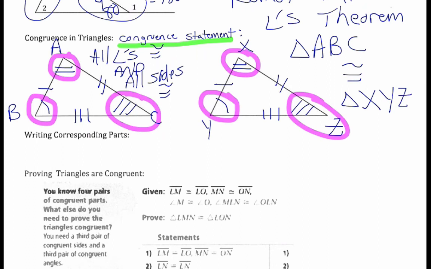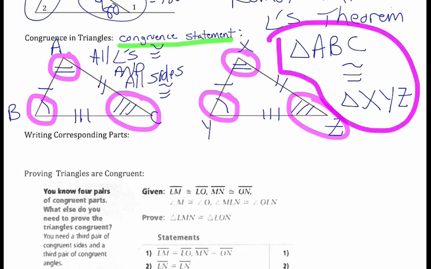Now you might be asking, why is that so important? Well, that becomes important because now I can just read the congruency statement and figure out which parts match up. For example, AB are the first two letters, so I could say AB is congruent to XY, the first two letters in the next statement. And if you look, AB was the same as XY.